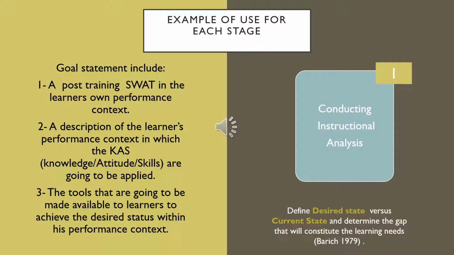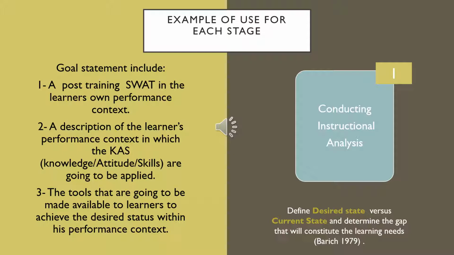That means students will be able to do XYZ. That will be the performance at the end of the training. 2, a description of the learner's performance context in which the knowledge, attitude, and skills are going to be applied. And 3, the tools that are going to be made available for the learner to achieve the desired status within his performance context.